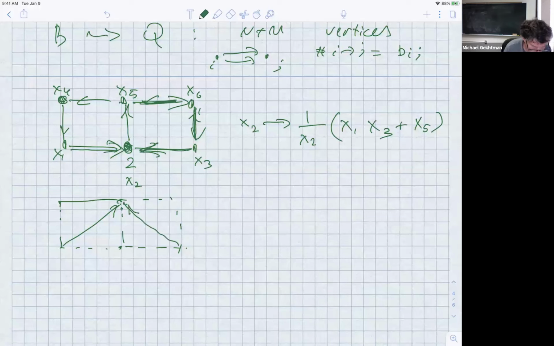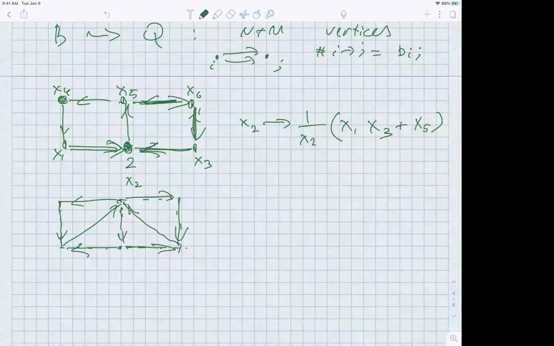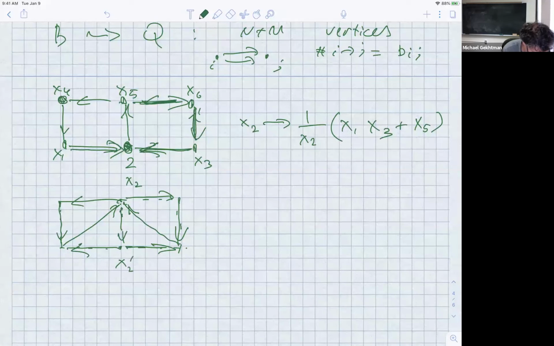And then I will change direction of all the arrows which were incident to x2. All right, and the rest of the arrows do not change. Okay, and x2 you replace by x2 prime. Yes, so variable x2 is replaced by x2 prime, and the rest of the variables stay the same. All right, like this.